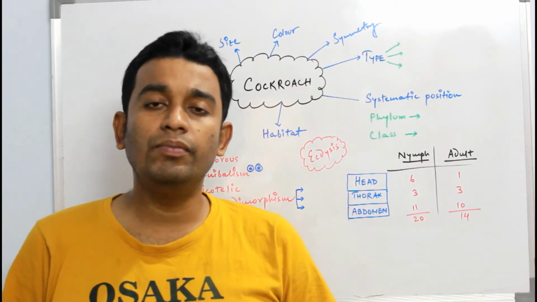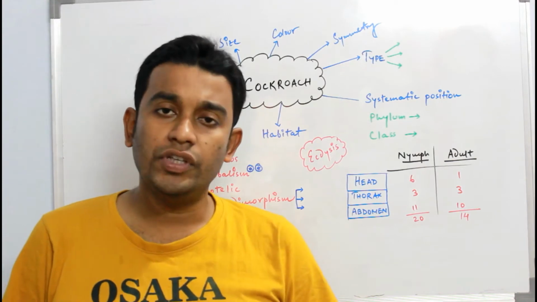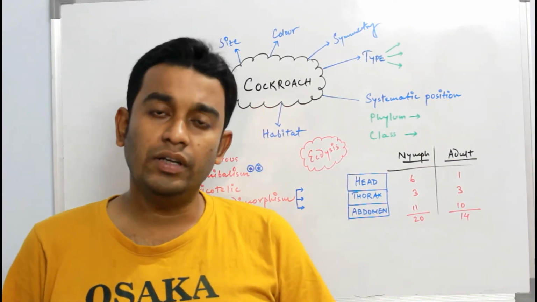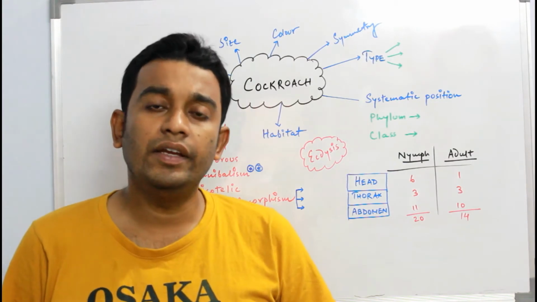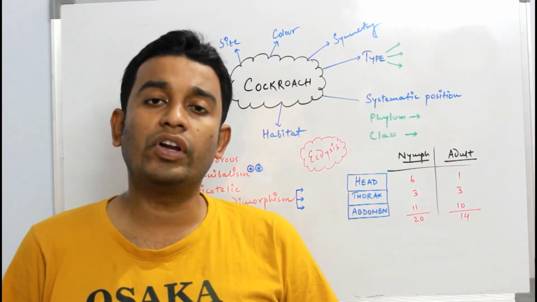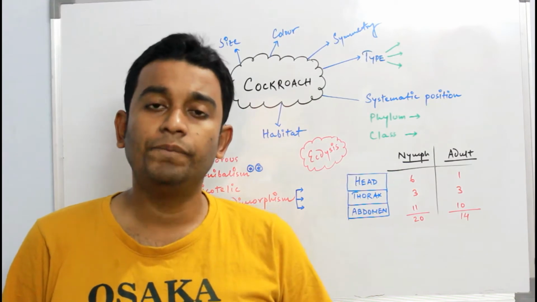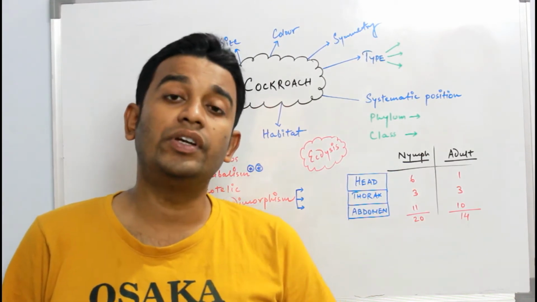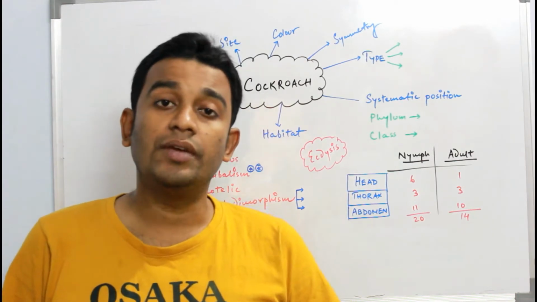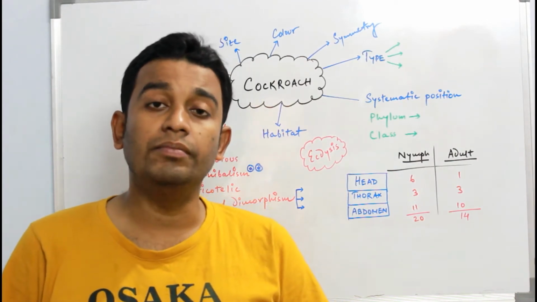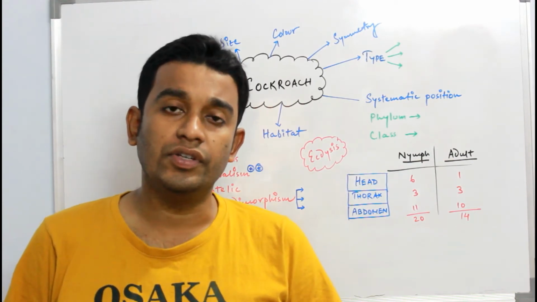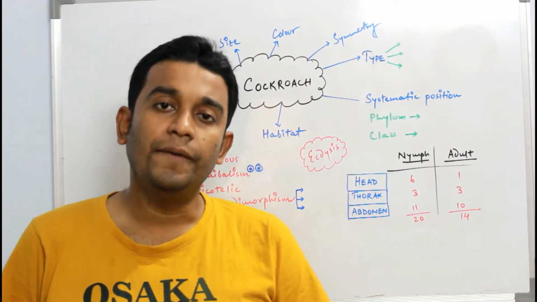Then gradually we will move towards the morphology, separately external morphology as well as internal morphology, where in case of internal parts we will talk about all those systems in detail: digestive, respiratory, circulatory, excretory, reproductive, nervous system, and the structure of the ommatidium will also be taken into consideration. So this is an important chapter. Let's begin.